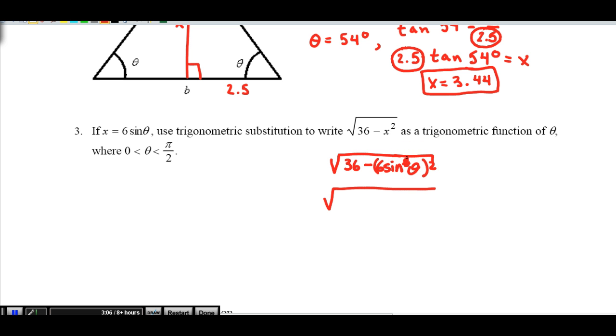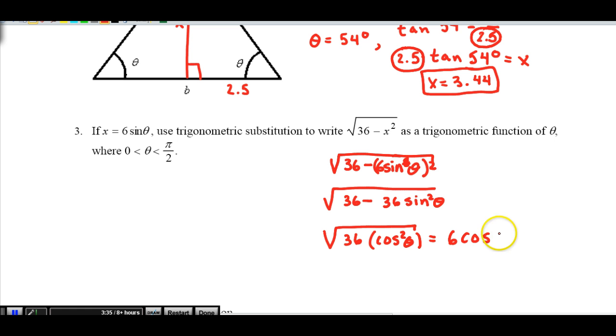That's where my squared needs to be, right up there. So this is equal to the square root of 36 times cosine squared. I took a little shortcut there. See if you can find it. This is equal to 6 times the cosine of the angle.